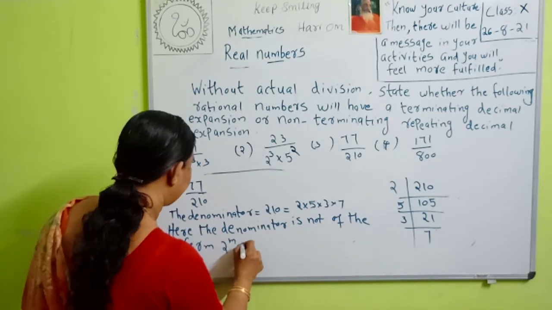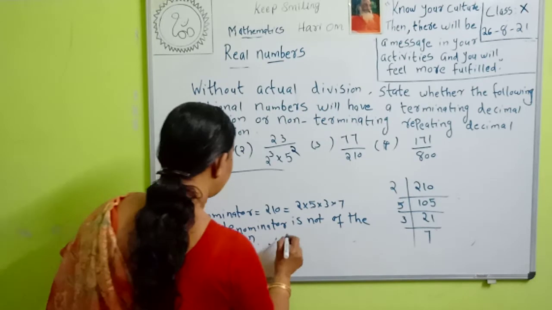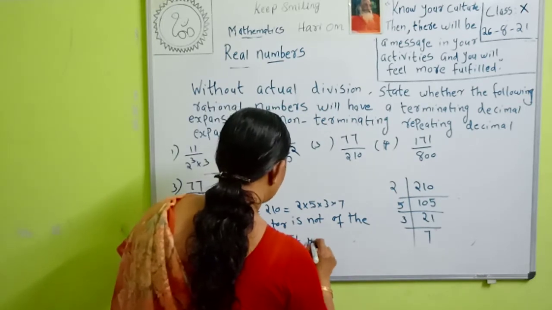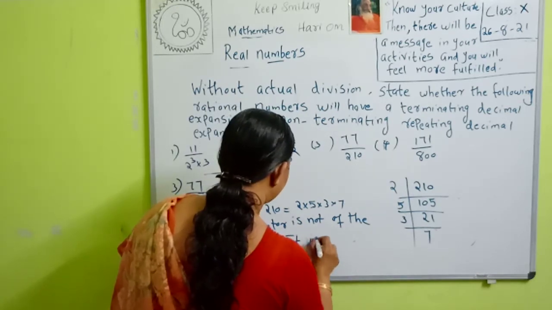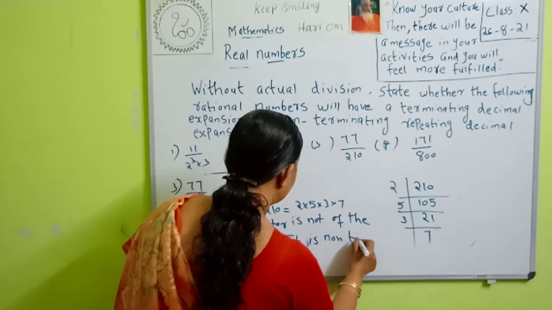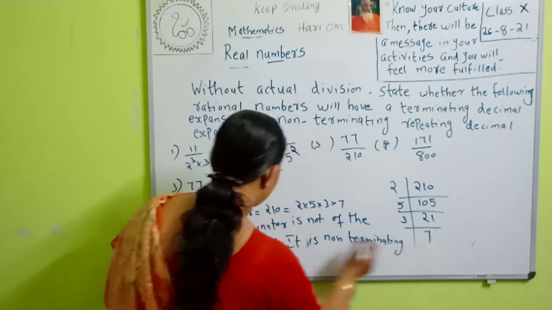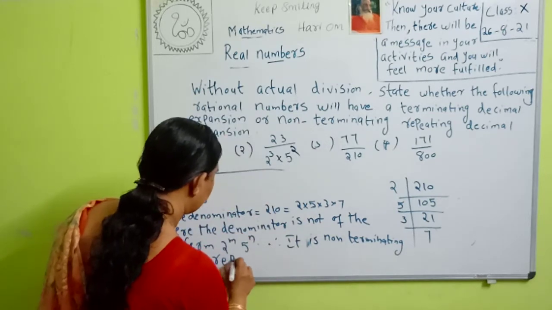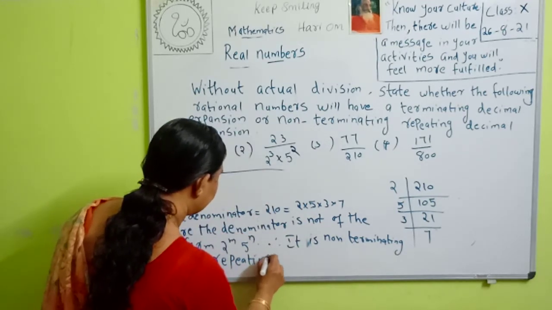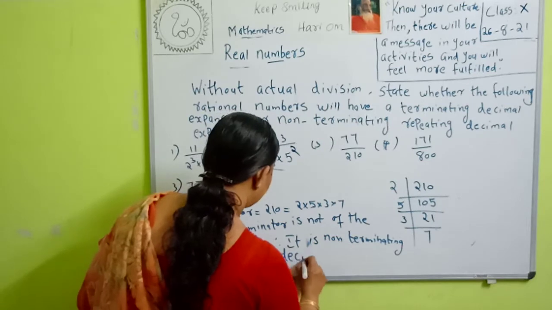Therefore, it is a non-terminating repeating decimal.